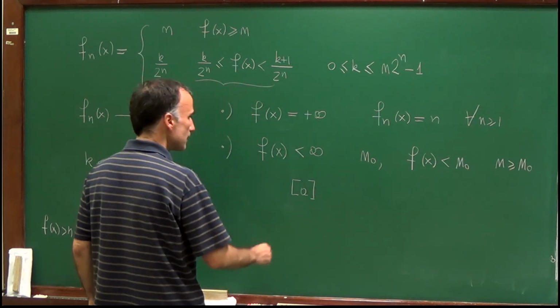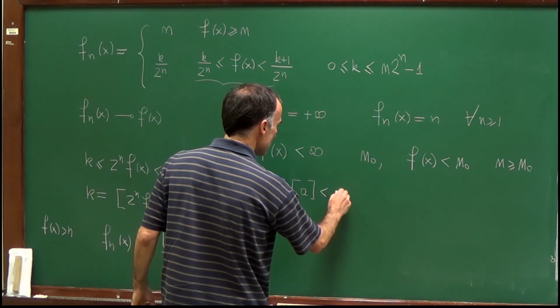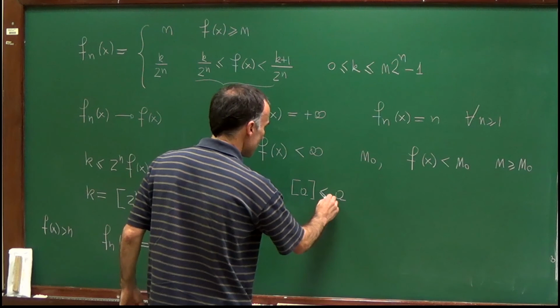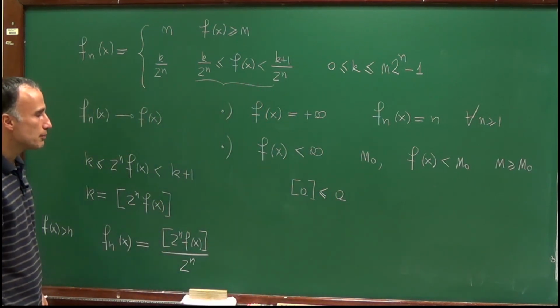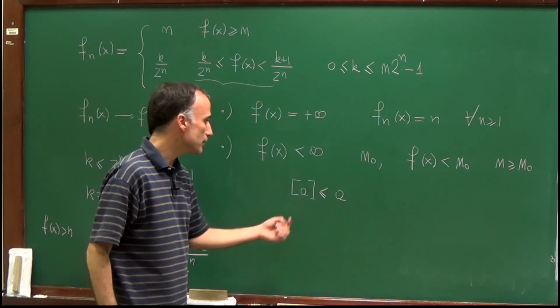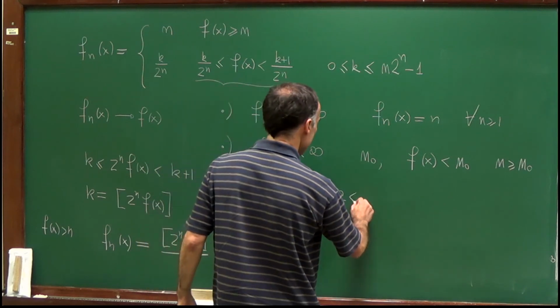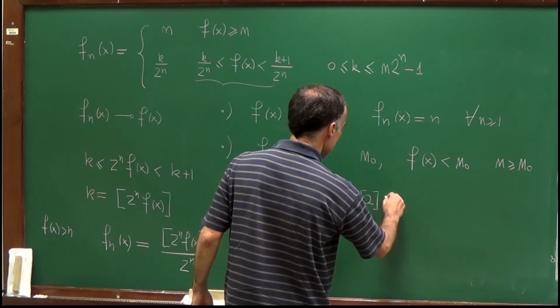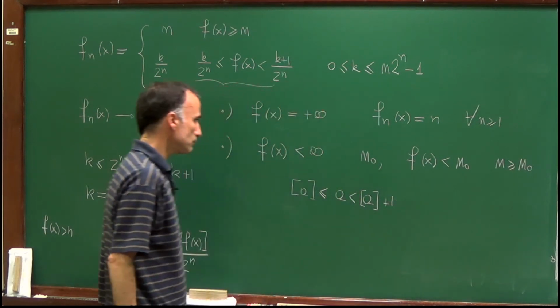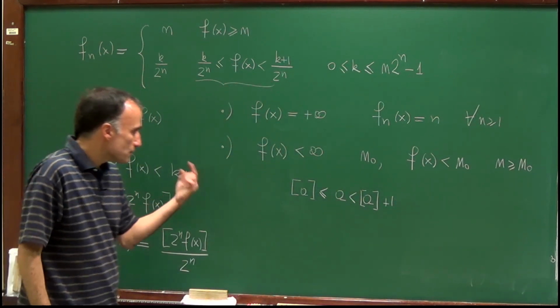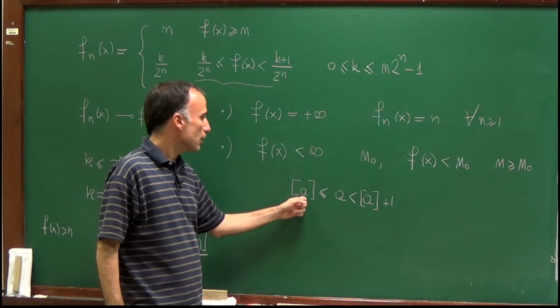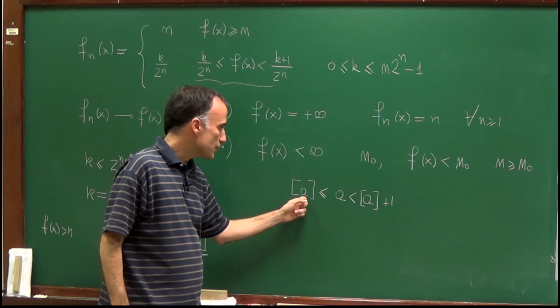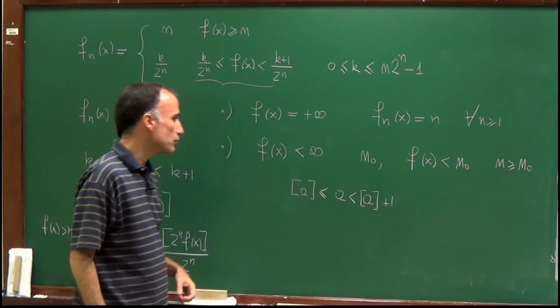So what we know about the integer value is that it's always less than or equal to the number. It will be equal if the number is an integer, and the number is smaller than the integer value plus 1. Okay? Well, because by definition the integer value is the largest integer which is less than or equal to the number.